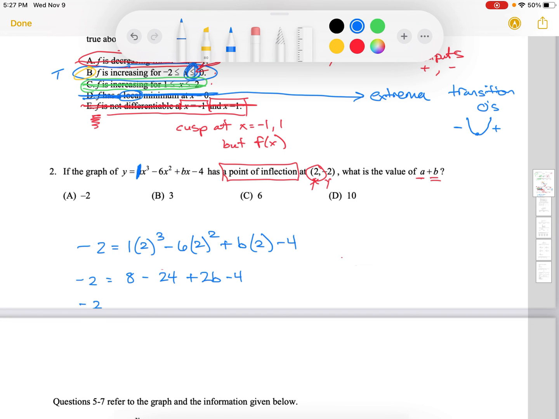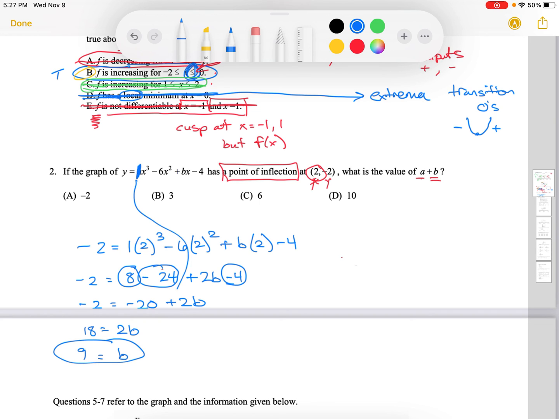I've got -2 equals this, and this will make -16, and -4 makes -20. Put the 20 on the other side. I've got 18 equals 2b, and b equals 9. So if b equals 9, and if you remember, I still have a is equal to 1. That means that a plus b is equal to 1 plus 9, which equals 10, answer D.